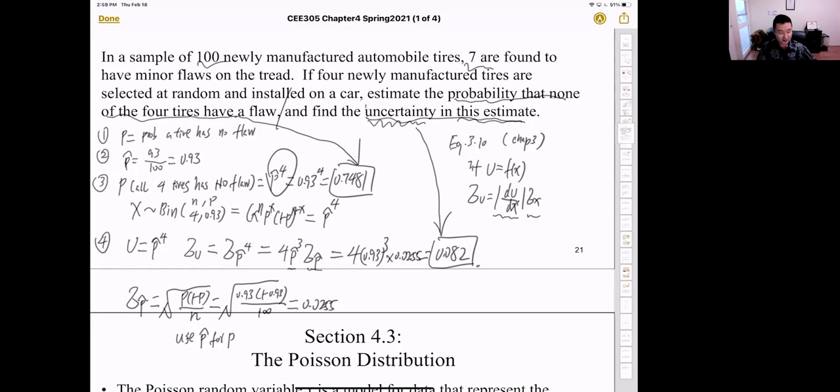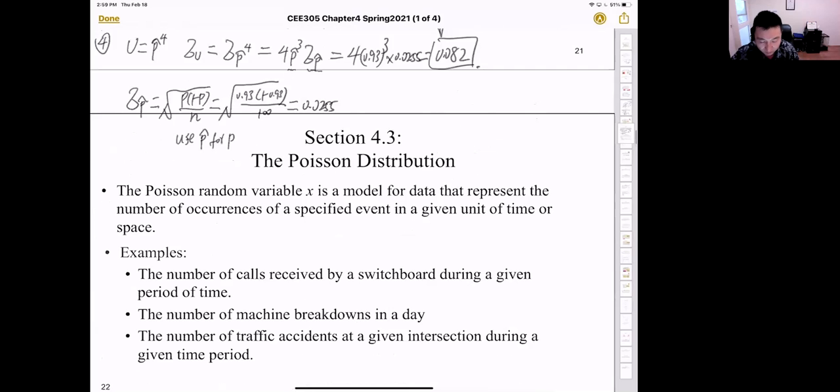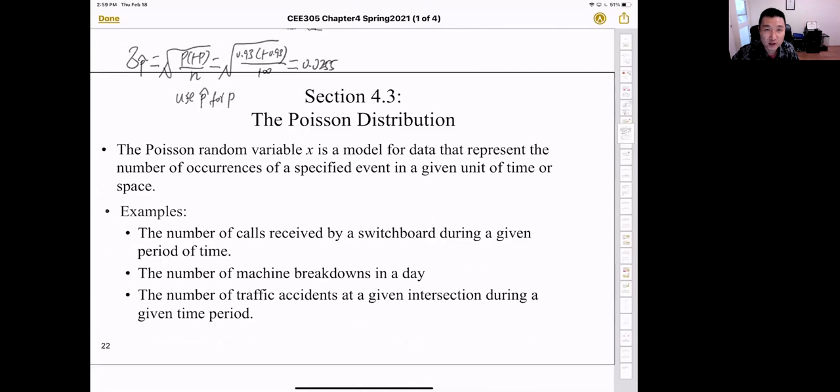That's all we discussed today. Next time we're going to discuss the third one, which is the Poisson distribution. And then the next time we'll discuss the famous normal distribution, which is more commonly used than all the other distributions we discussed combined.